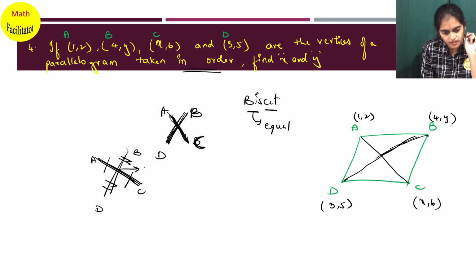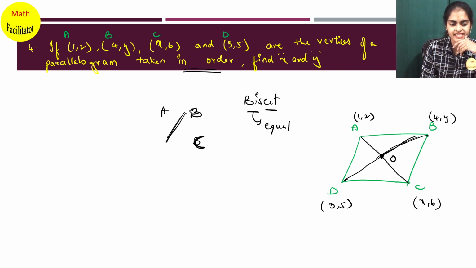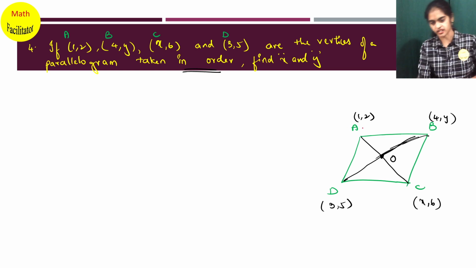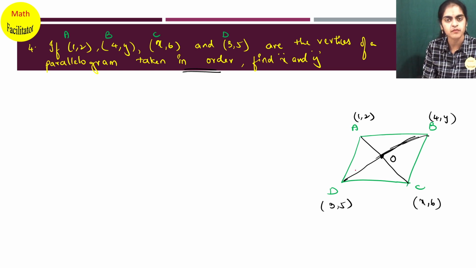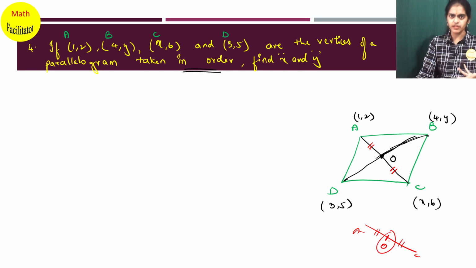Let us take this point of intersection as O. As we have discussed, bisecting means dividing into two equal parts, right? So let's use the same concept here. In a parallelogram, diagonals bisect each other. So AC is bisecting BD, which means AC is divided into two parts, AO and OC, and if AO equals OC, then O is the midpoint.